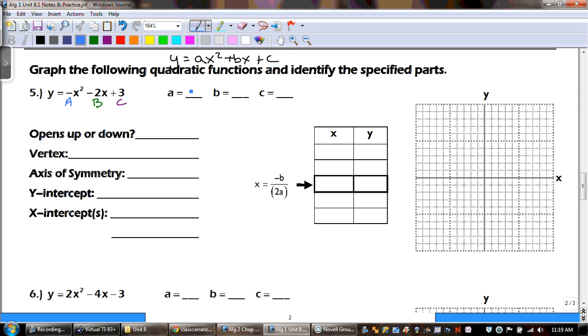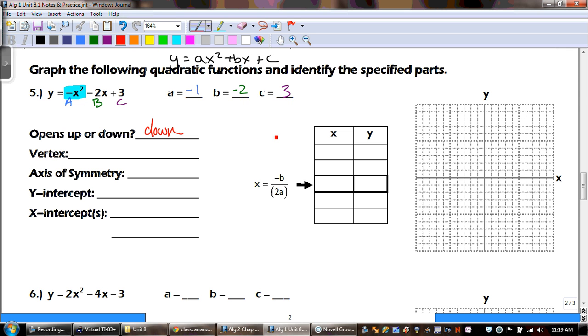A would be -1, b would be -2, and c is 3. So does it open up or does it open down? And why do you think that? Well, a is negative, so that means this graph is going to open down.